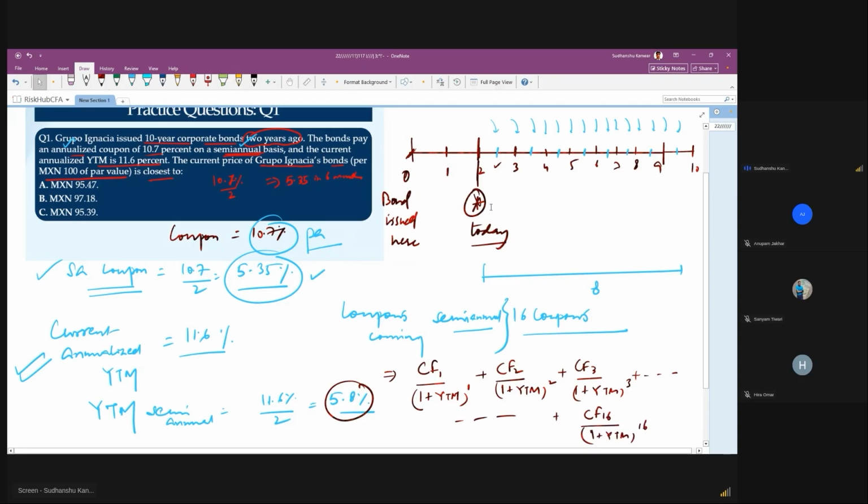Ultimately, this is my generic equation of solving the present value, right? The present value will be solved like this.